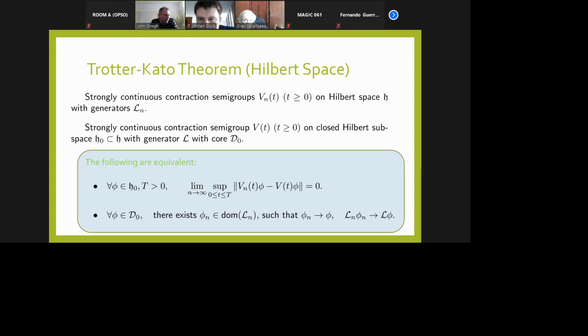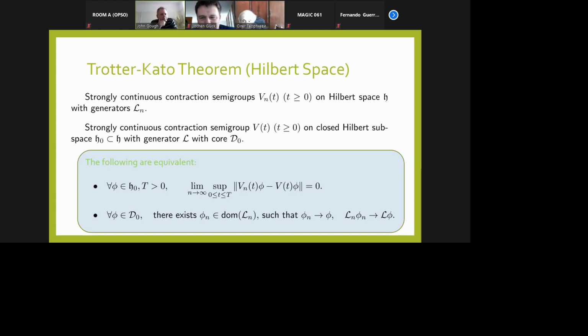We take any vector phi in the core domain of the limit generator L. What you have to do is to try and construct a sequence of vectors phi n, each one in the domain of the corresponding Ln, so that we have convergence of these phi n's to the limit phi, but also the generators converge. So it's this graph convergence of the generators.